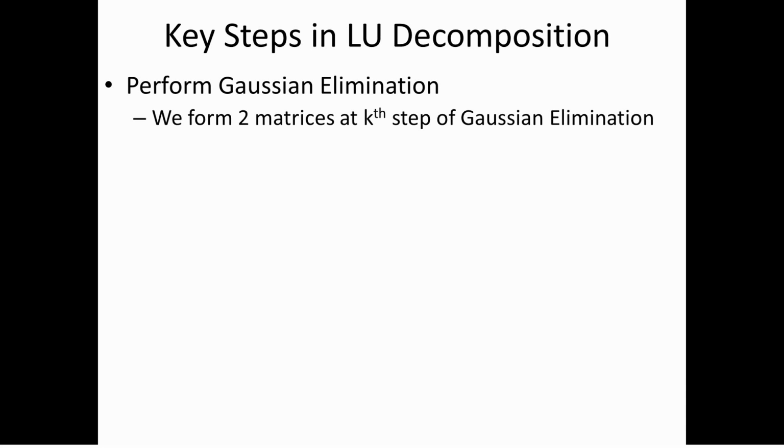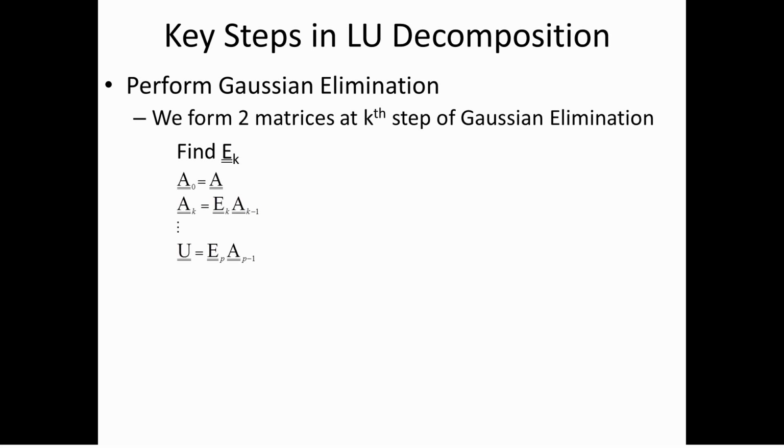Okay, so the key steps are basically that we're doing Gaussian elimination, but we're keeping track of the operations and constructing the elementary row matrices associated with them. So at each step of the Gaussian elimination, we're going to form two matrices. First, we're going to find the elementary row matrix for the elementary row operation, and we're going to be constructing U with that. We keep on applying the elementary row matrices. We're eventually getting it down into row echelon form.